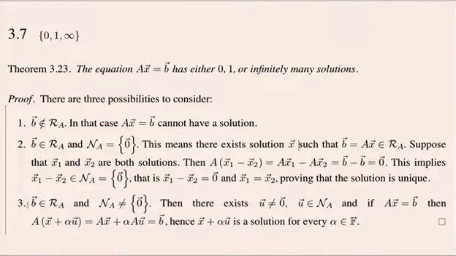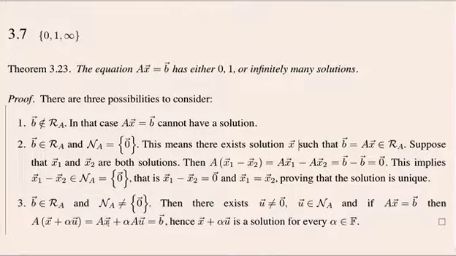And then the third possibility is that B is in the range of A, and the null space of A is not just the zero vector. So that means that there exists a non-zero vector U, which is also in the null space of A. Then if AX equals B, consider A(X plus alpha times U) for any scalar alpha.